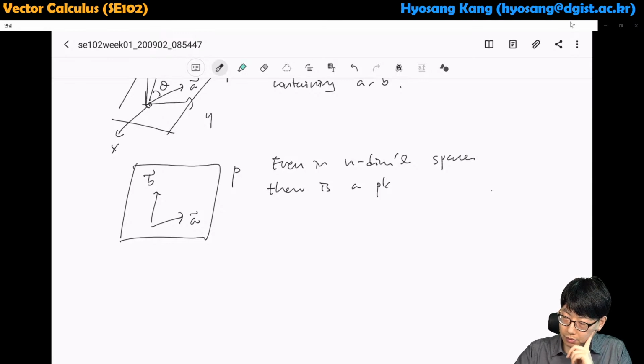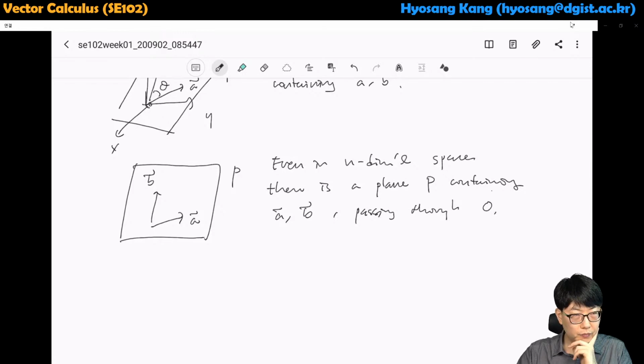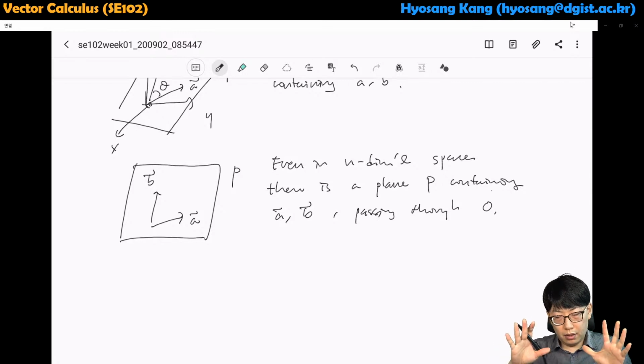There is a plane containing A and B passing through 0. Then even though A and B are in n-dimensional space, just look at the plane P itself and consider that as a two-dimensional space, and A and B as two-dimensional vectors lying in that space.